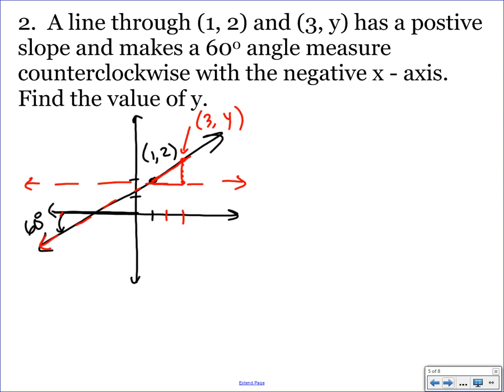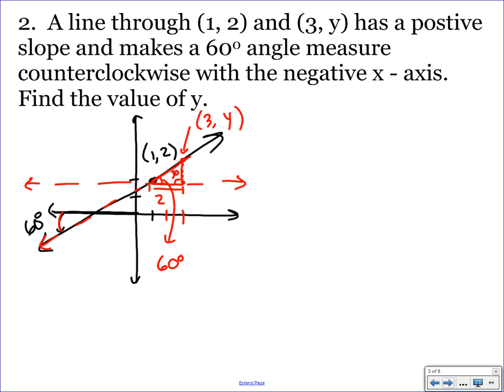So I have here alternate exterior angles. So that means that angle's 60 degrees. The side, that means that angle's 30 because I have a right angle. This distance along the x-axis is 2 units.